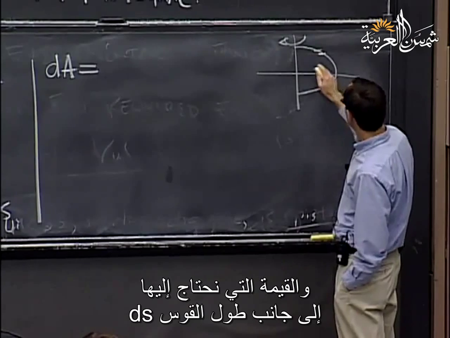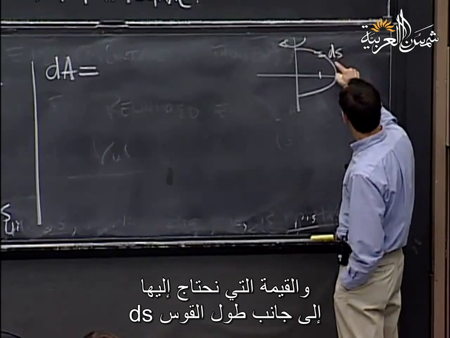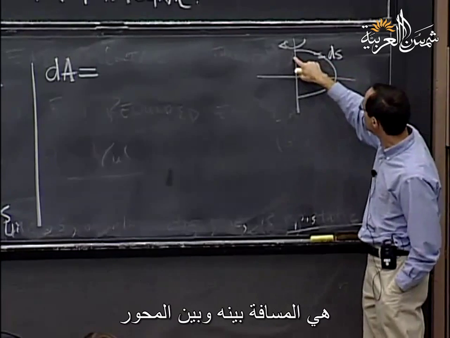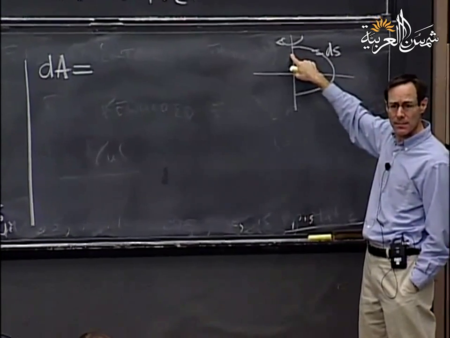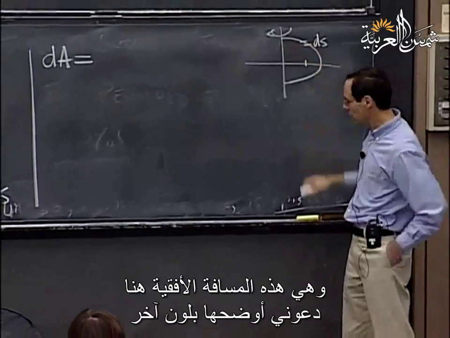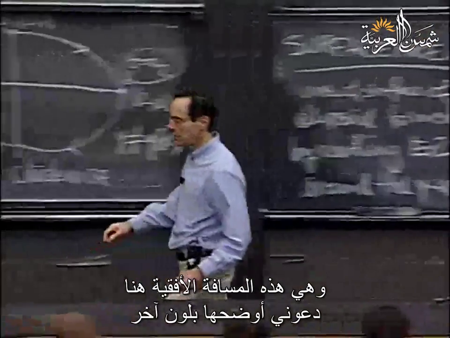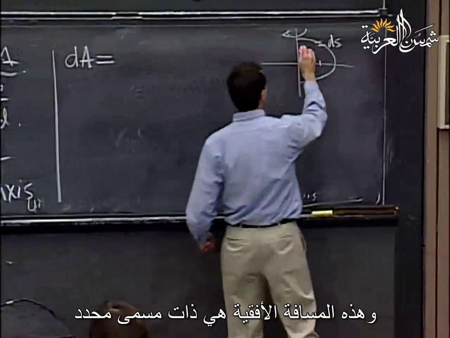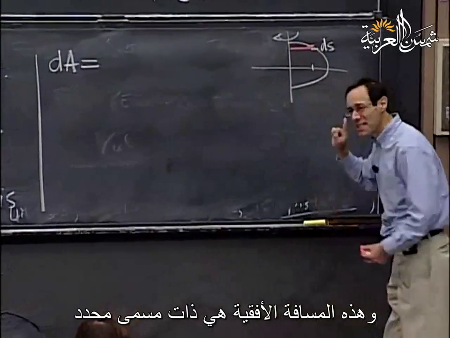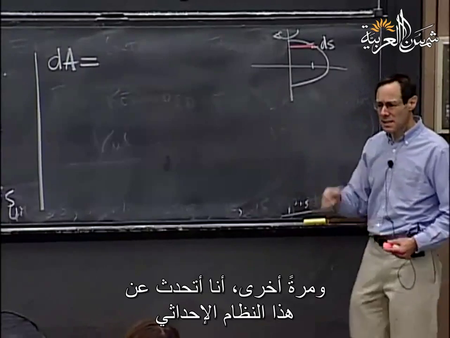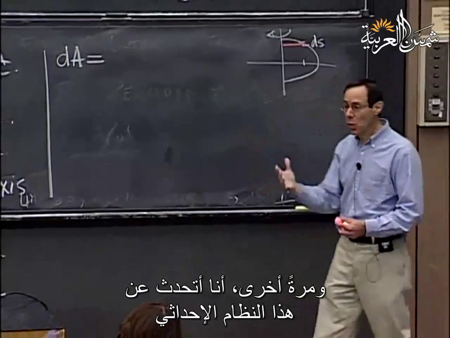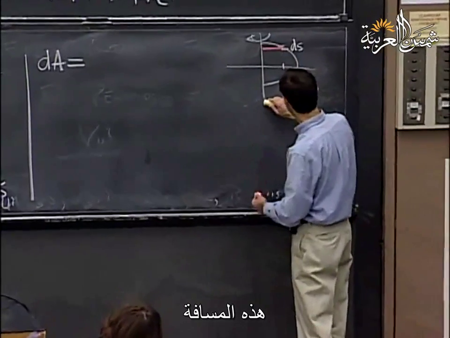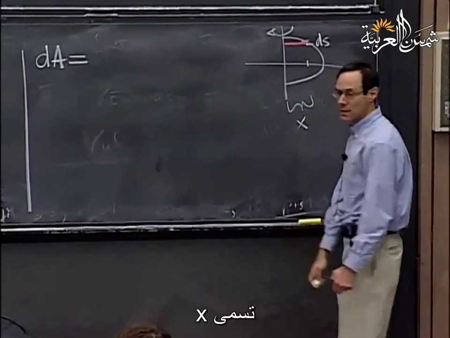And the important thing you need besides this ds, this arc length piece over here, is the distance to the axis. So that's this horizontal distance here. I'll draw it in another color. And that horizontal distance now has a name. And this is, again, the virtue of this coordinate system. The t is something else. This distance has a name. This distance is called x.